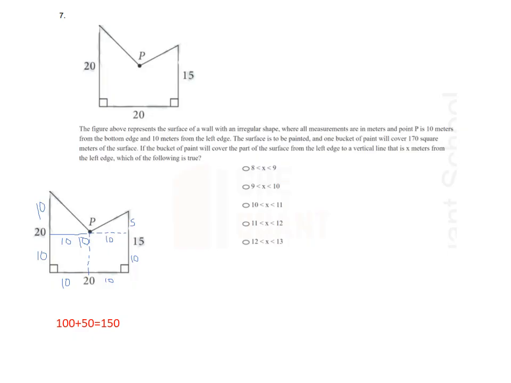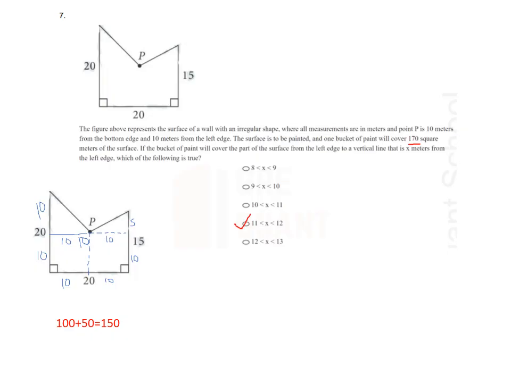So it has completed 150 square meters. Now we need to complete 170 square meters. So we'll need some more lines. How many? We can guess. We'll need between 11 and 12 vertical lines, right?